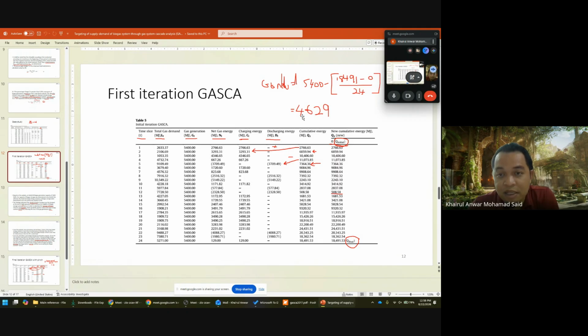So we found out that the new value for GT is 4629.